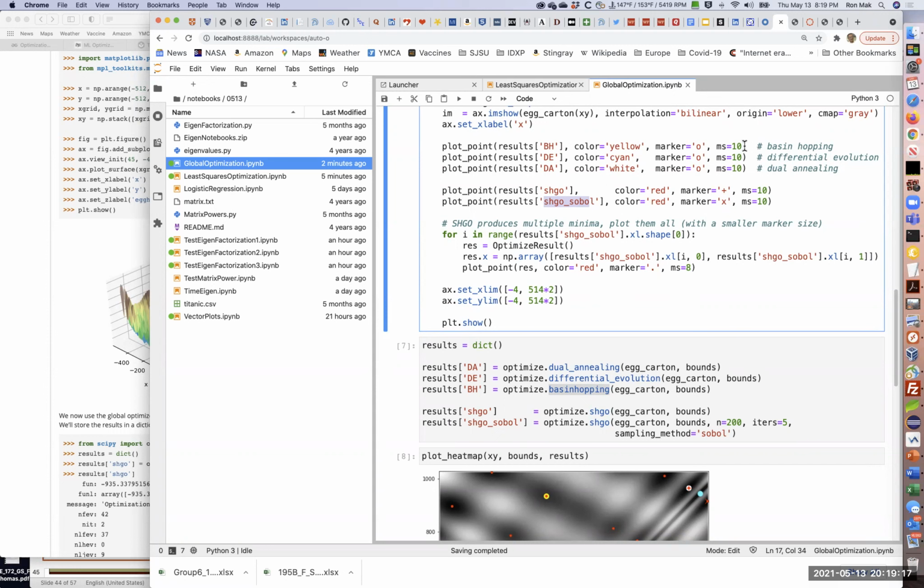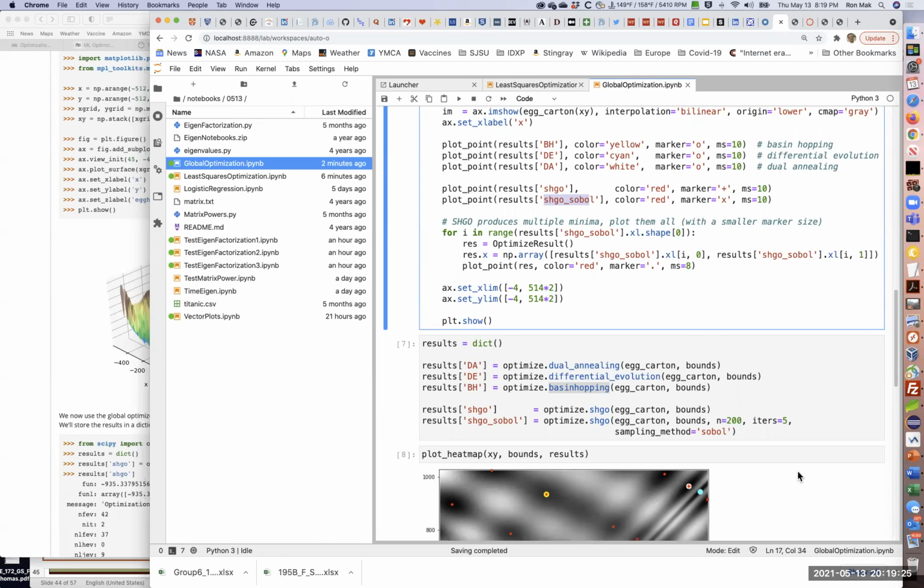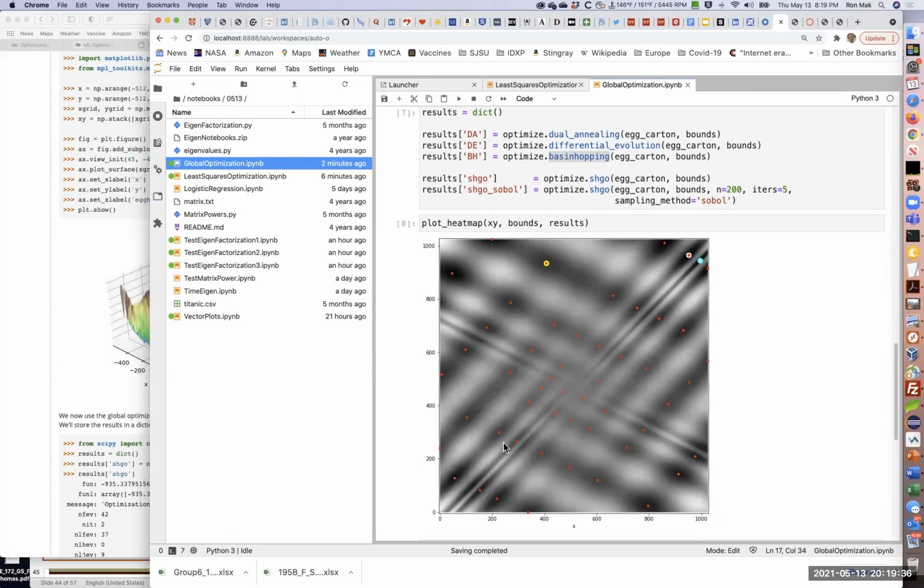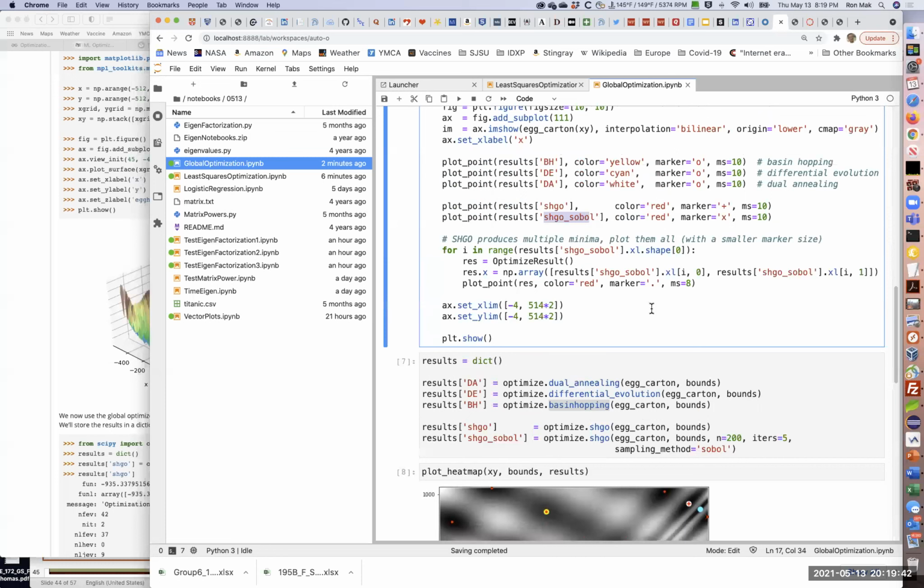So we have size 10 markers, and then these dots are size 8. This one is returning a list of all the minima, and that's what all these dots are. The others I think are finding a global minimum.